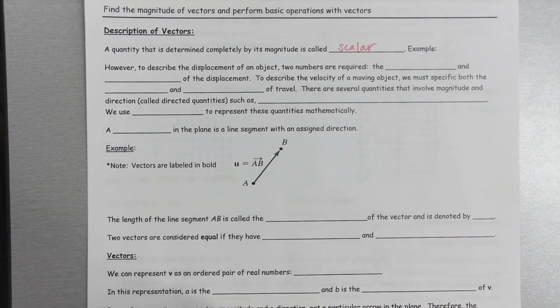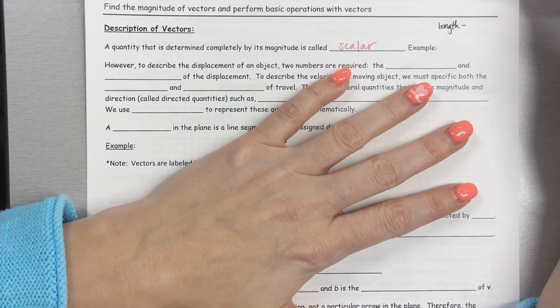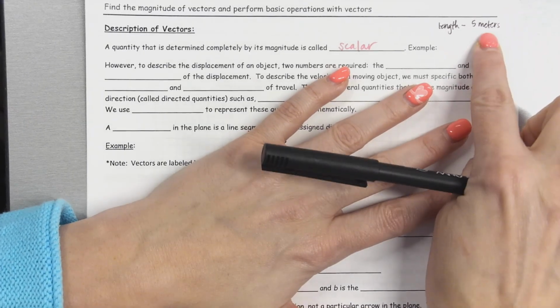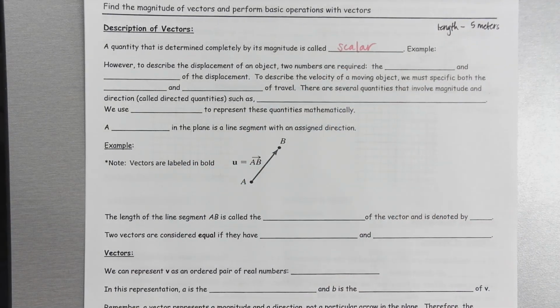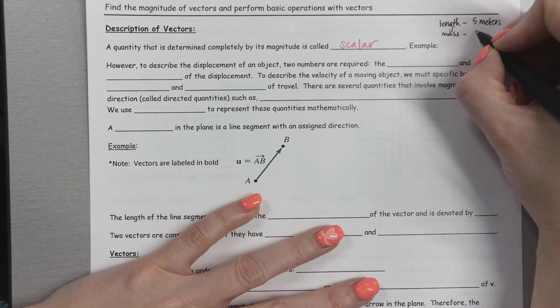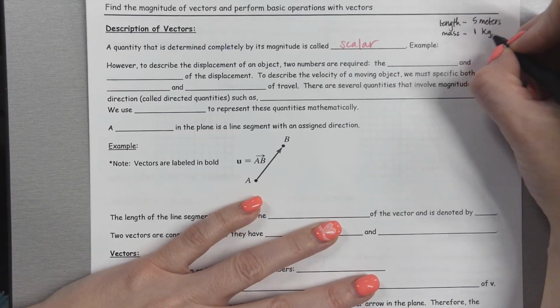So things that are scalar would be length. If you're trying to find the length of something, it might be 5 meters. It's defined by that value. Or if you're working with mass, your only unit would be kilograms. So maybe it's 1 kilogram.